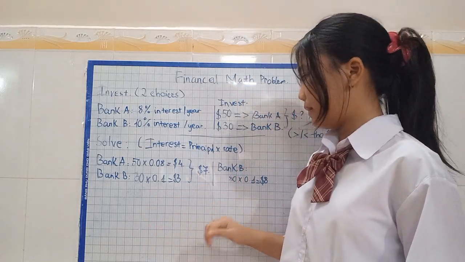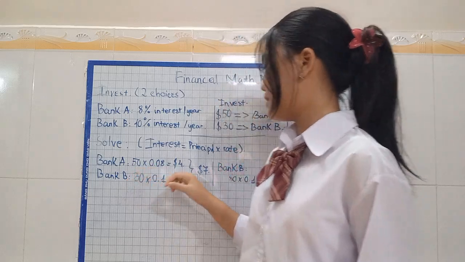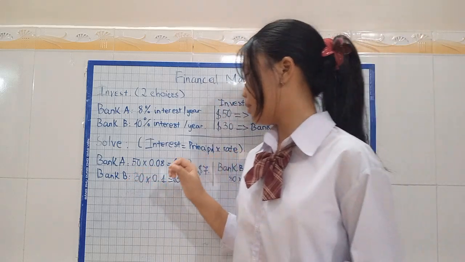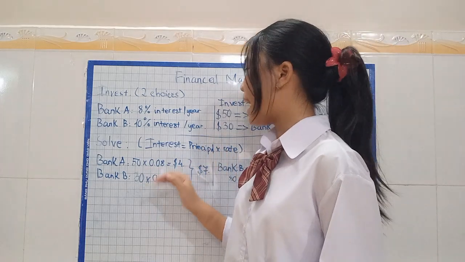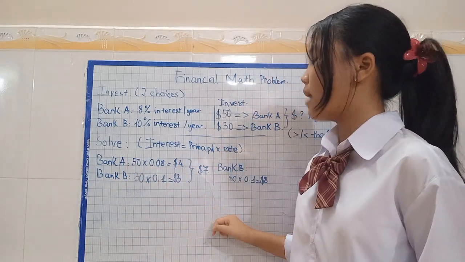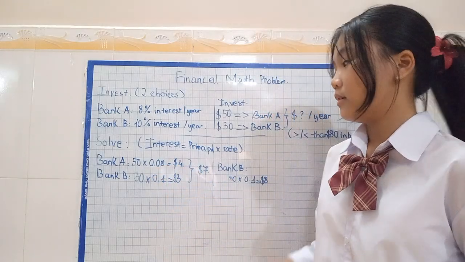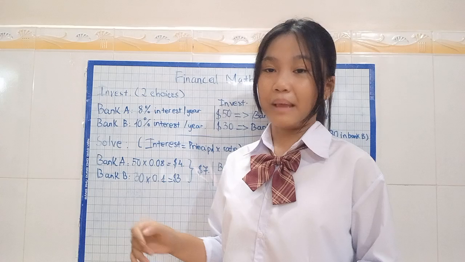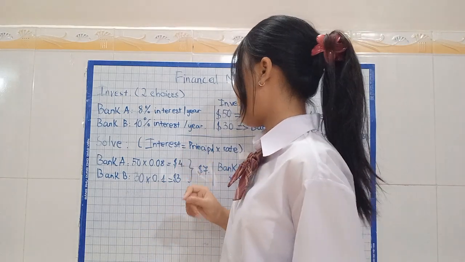So we're going to use 50 times 0.08. 0.08 is equal to 8%, if you don't know. Multiplying them, our solution here is $4. So keep that in mind. You could write it down, but make sure that you remember it.